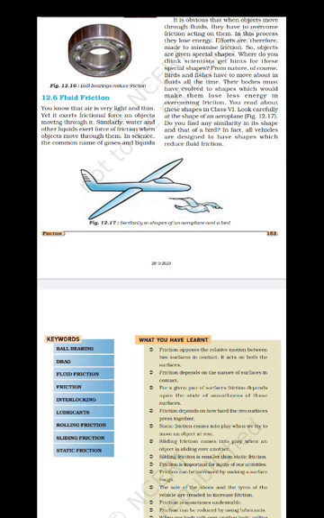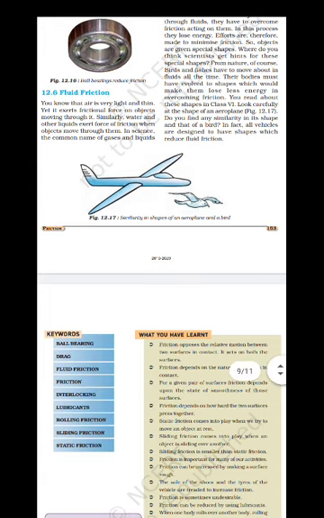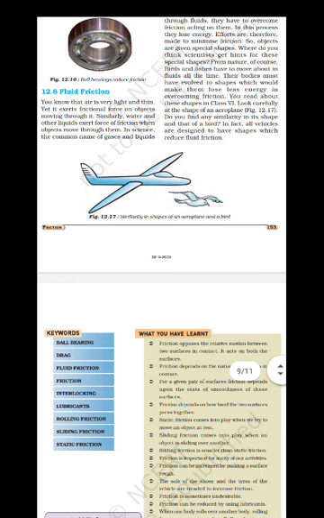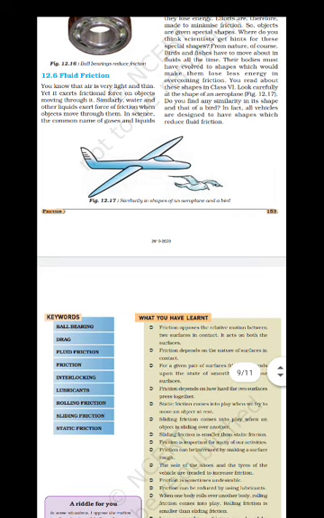See, the aeroplane is also made tapering towards the front and tapering in a conical way at the back too, isn't it? So the conical beak of the birds is also very pointed to reduce the friction.